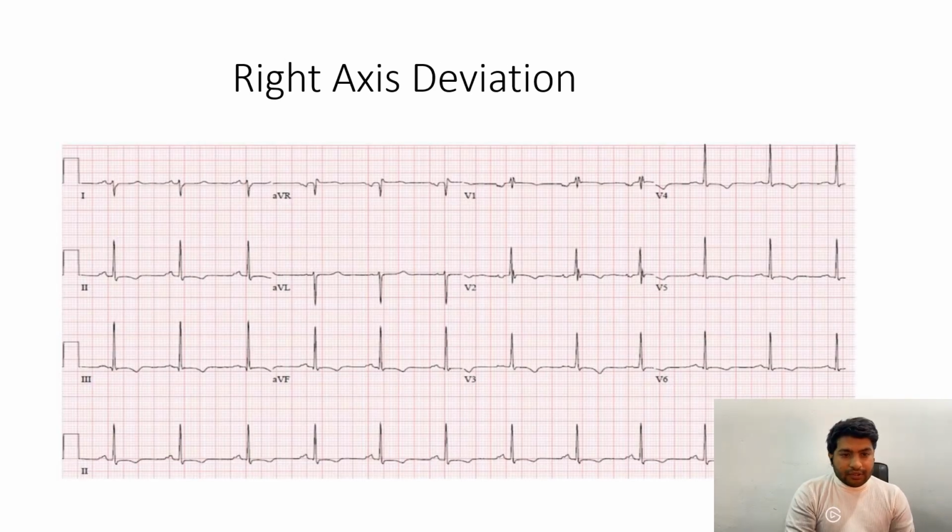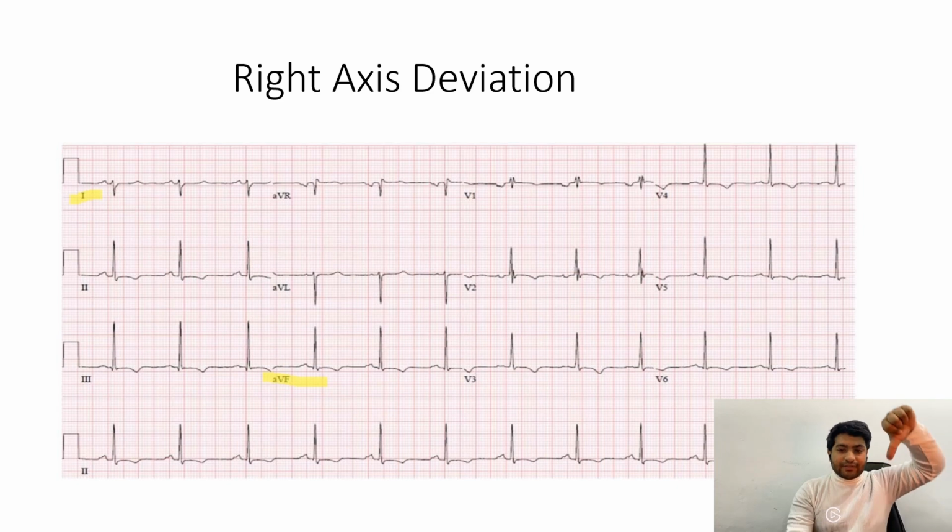Let's look at this ECG for a while. You can see that we have a negatively deflected lead 1 and a positively deflected AVF. You can say that there is a little bulge pointing upwards, but we are going to take the wave that has the highest amplitude. So in this case, the S wave has the highest amplitude and it is negatively deflected.